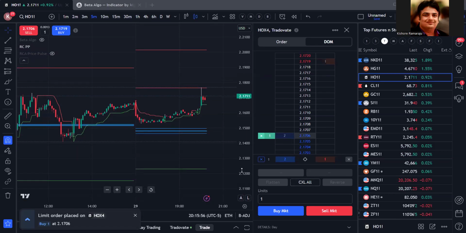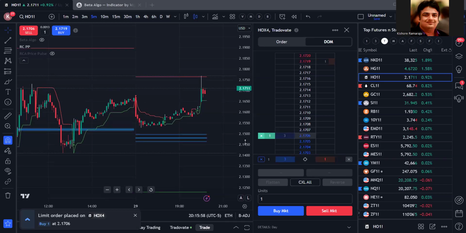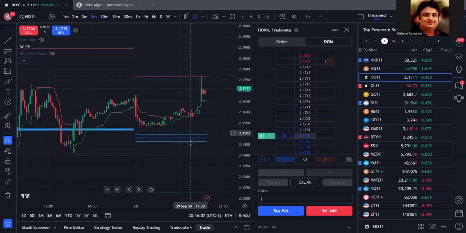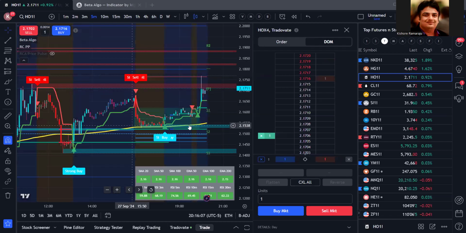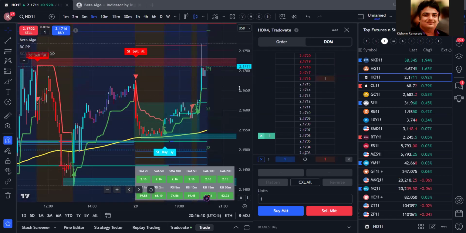I'm also trying to take a long on heating oil because overall this is a buy signal, above the lines. You can also see it is above EMA, and one more change, it broke the range.